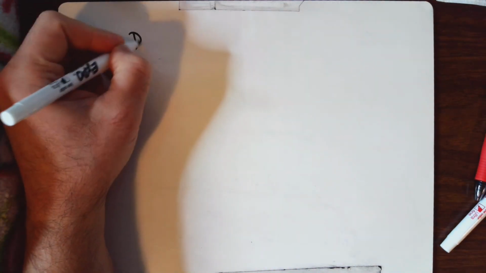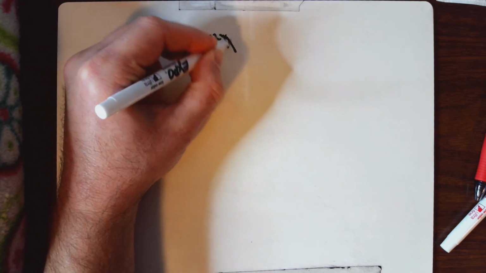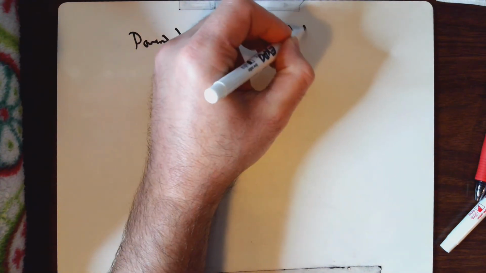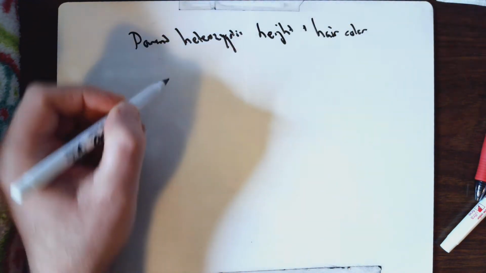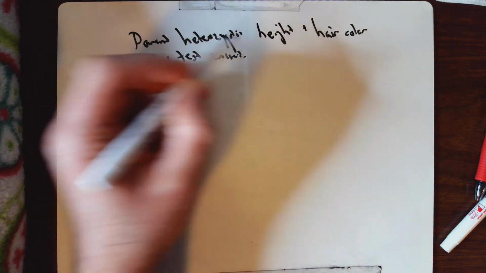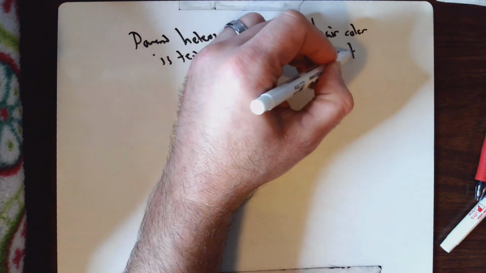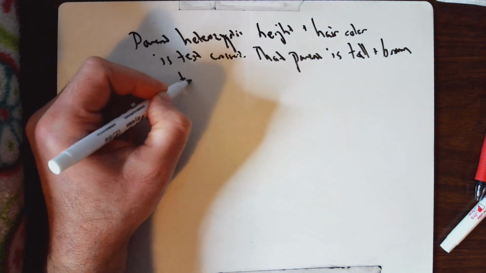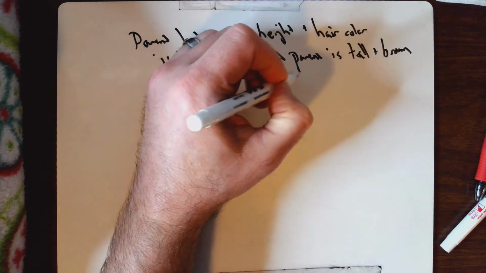Let's say that a parent who is heterozygotic for two traits, height and hair color, is test-crossed. That parent is tall and has brown hair. And the test-cross parent is short with blonde hair.